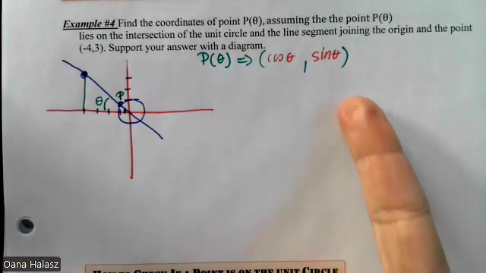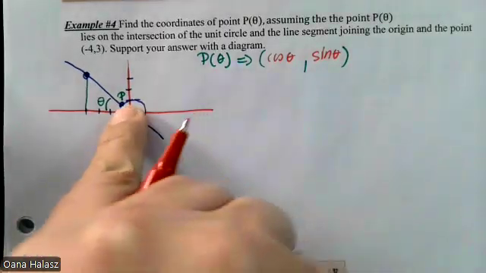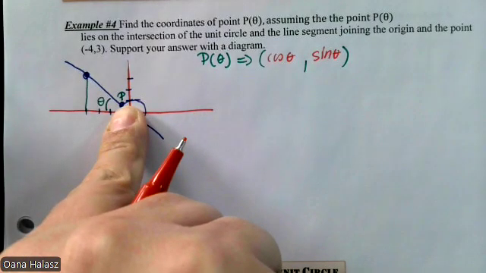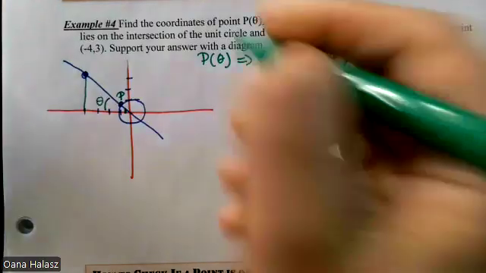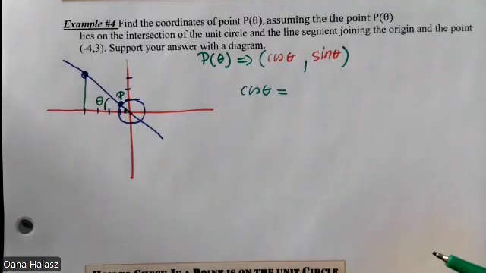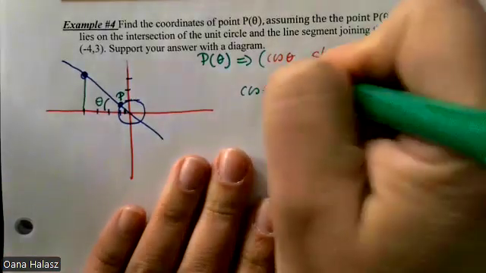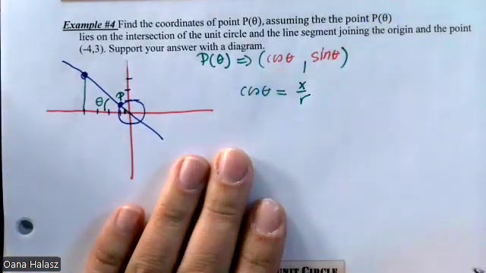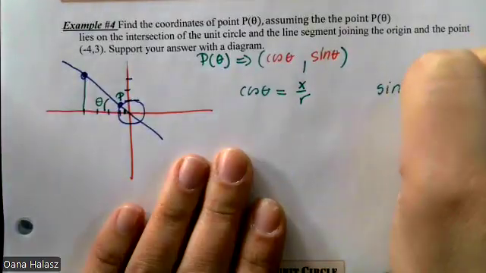It will give me the x and the y coordinate of this point. Make sense? Now, what does cosine of theta equal? We've done this in last class's notes. Cosine equals x over r, and sine of theta equals y over r.